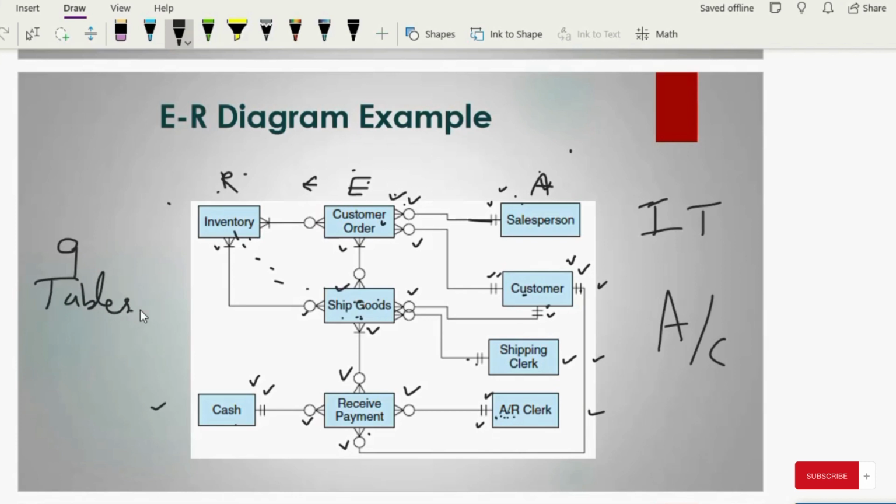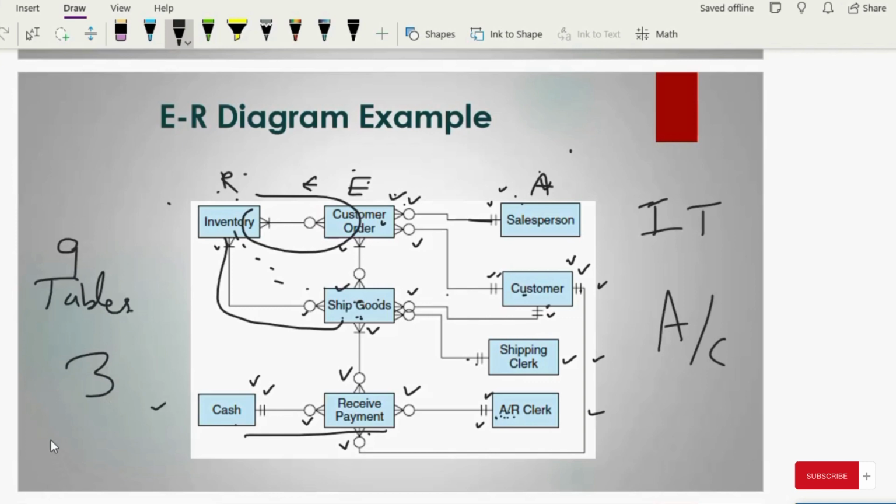Okay, then we need 3 tables more to show the direct relationship, many to many relationship. First is inventory and the customer order, sorry, this one. Then inventory and the sales, and then sales and the receipt of the payment. So 3 more tables.